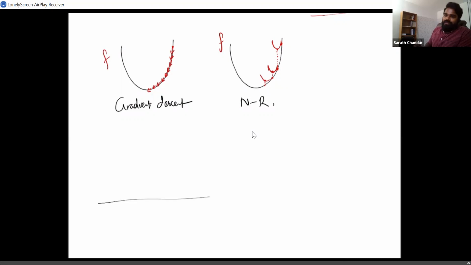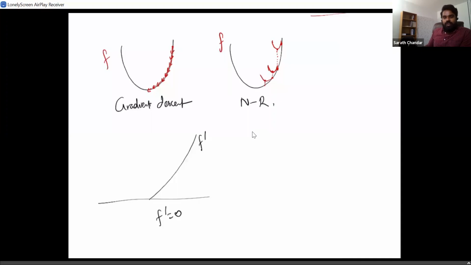This is my cartoon explanation, so there might be some issues, but the basic idea here is this. This straight line is where f dash is equal to 0, your gradient is 0, and you want to reach this point. This is my f dash.